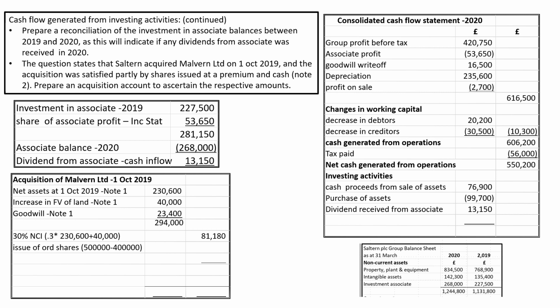We also note that shares were issued by Sultan PLC for the acquisition, so we take the balances for both years, which is 500,000 for 2020 and 400,000 in 2019, and that gives us 100,000.